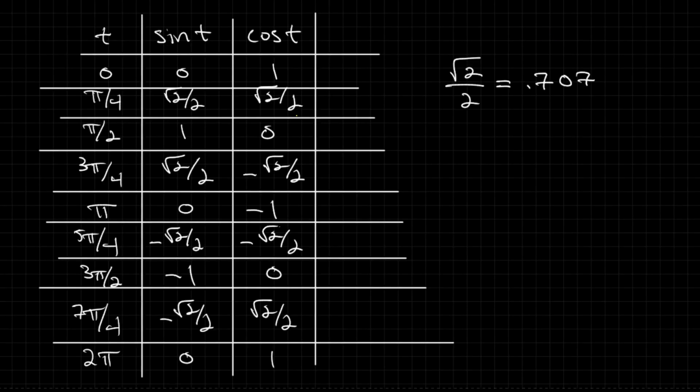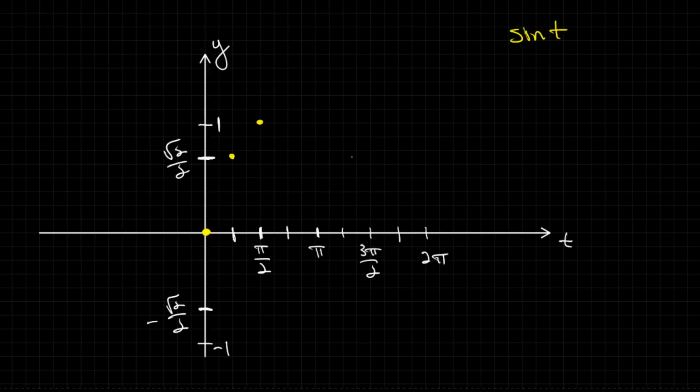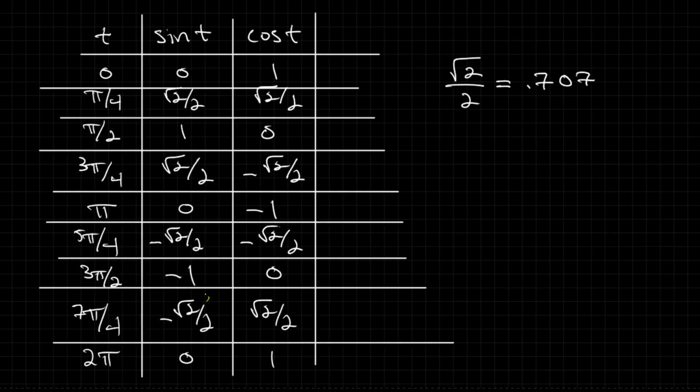Then it goes root 2 over 2, 0, minus root 2 over 2, minus 1. So again, root 2 over 2, 0, then negative root 2 over 2, and then negative 1. And then it goes back to minus root 2 over 2, and then to 0.